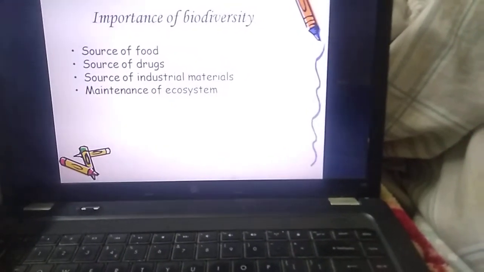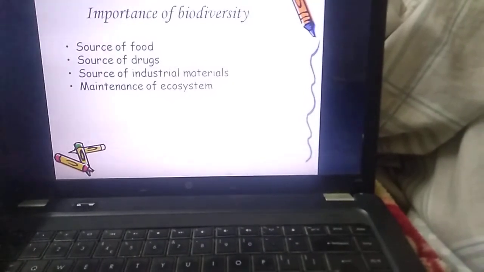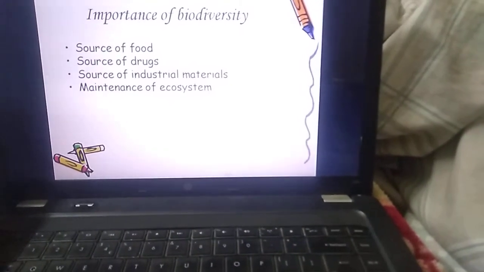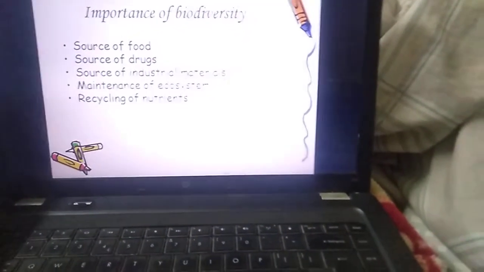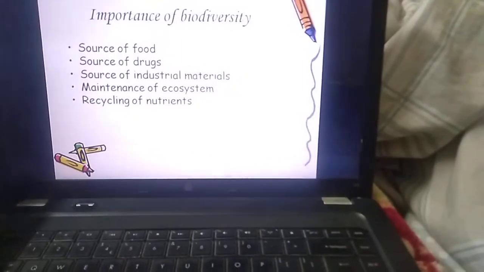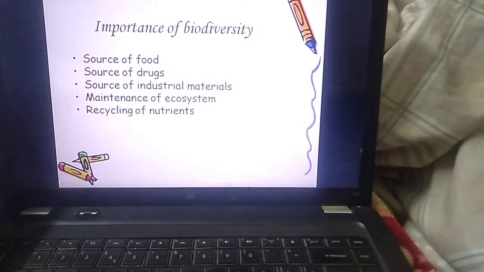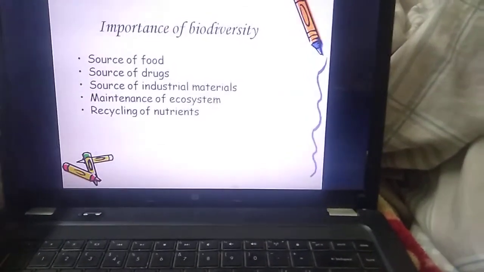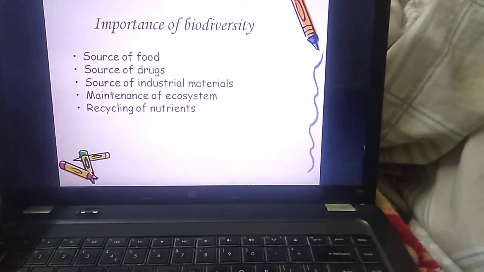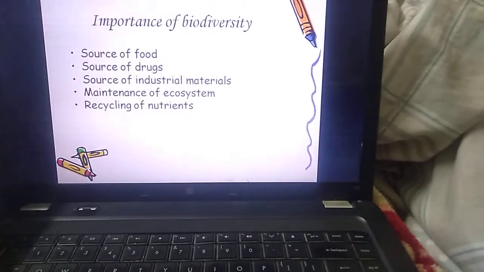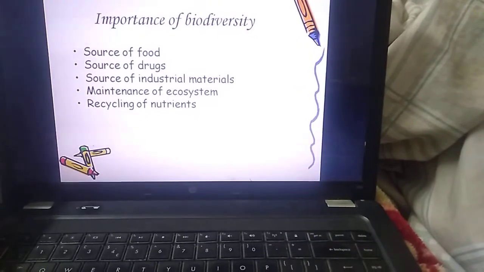It plays a part in regulating the chemistry of our atmosphere and water supply too. The last thing is recycling of nutrients, means reuse of nutrients that are used again and again. Biodiversity is directly involved in recycling of nutrients and providing fertile soils.